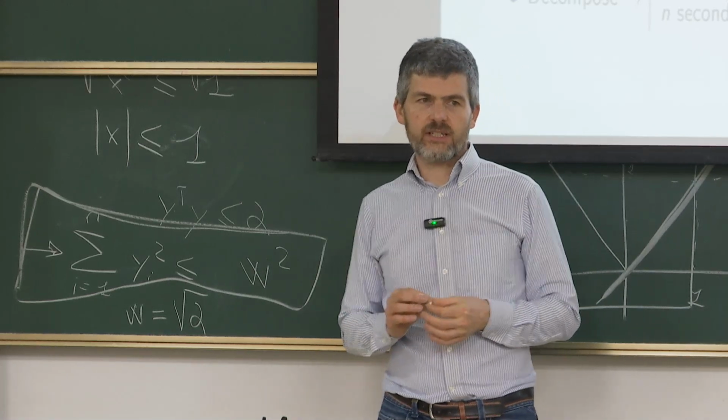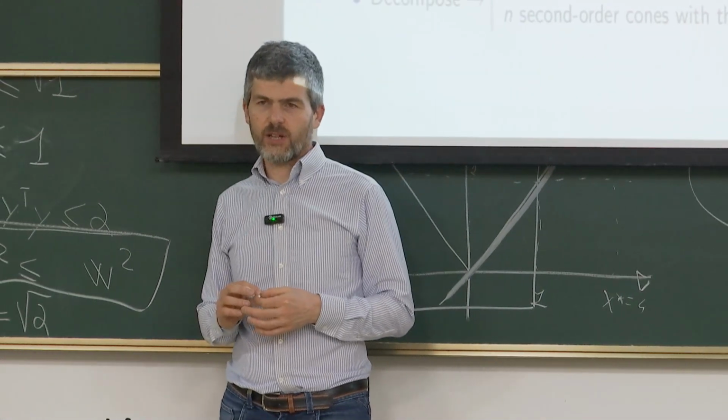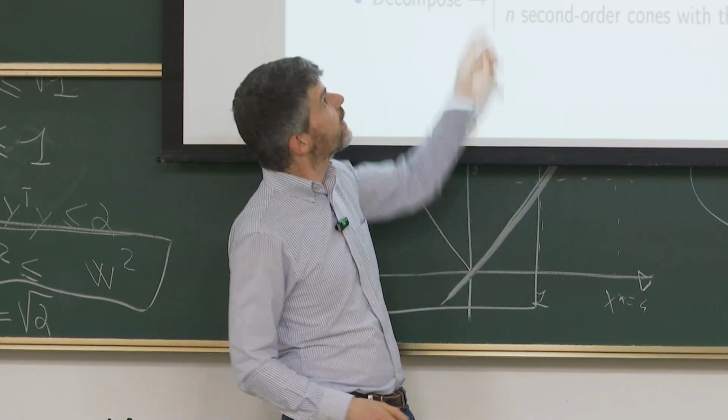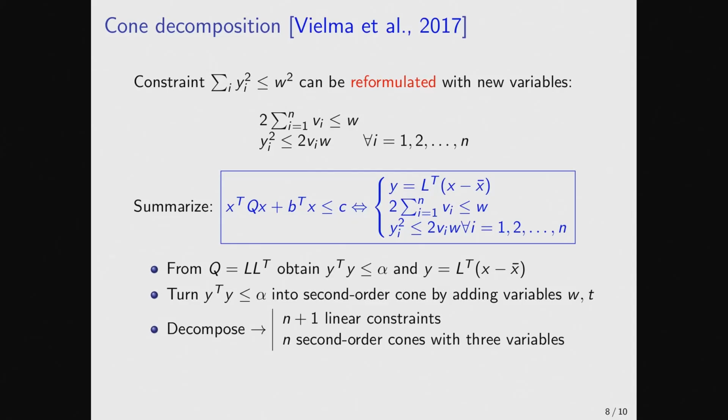With mixed integer second order cone problems, this doesn't happen very often, but you can decompose this cone by reformulating it this way. So you take that cone over there, just a copy on the blackboard, and you rewrite it introducing extra variables v.